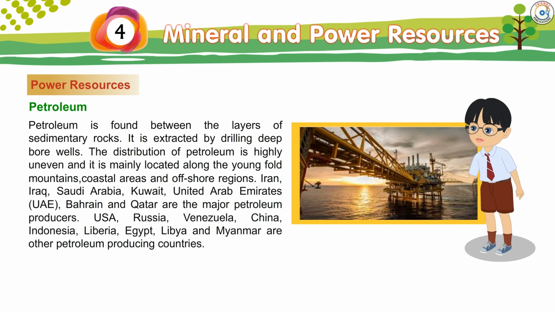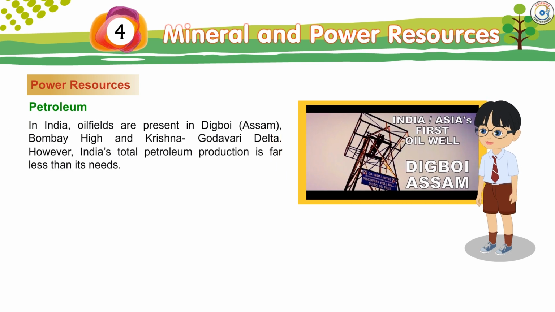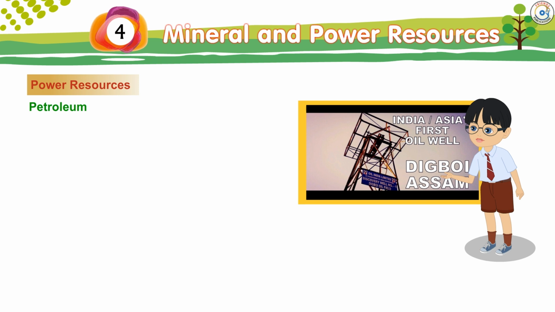USA, Russia, Venezuela, China, Indonesia, Libya, Egypt, Algeria and Myanmar are other petroleum-producing countries. In India, oil fields are present in Digboi, Assam, Bombay High and Krishna Godavari Delta. However, India's total petroleum production is far less than its needs.